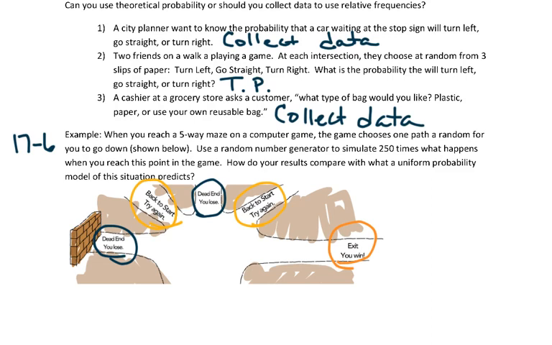What you're going to do on your own is simulate 250 games and see what happens when you reach this point in the game. What you want to do is assign each outcome a number 1 through 5. So I will say 1, 2, 3, 4, and 5.